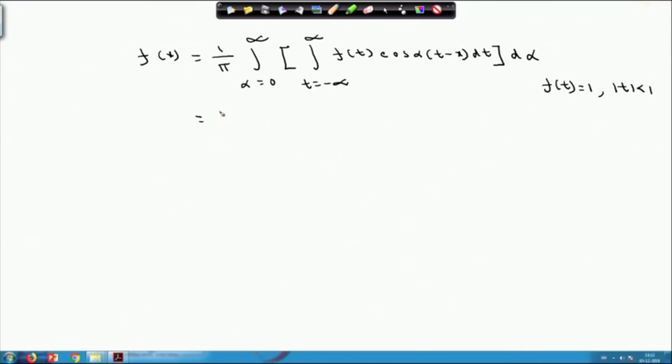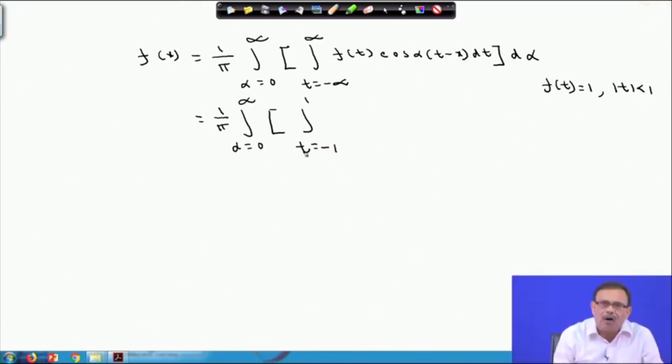Now t will vary not from minus infinity to infinity, but from minus 1 to 1, because in all other intervals f(t) equals 0.